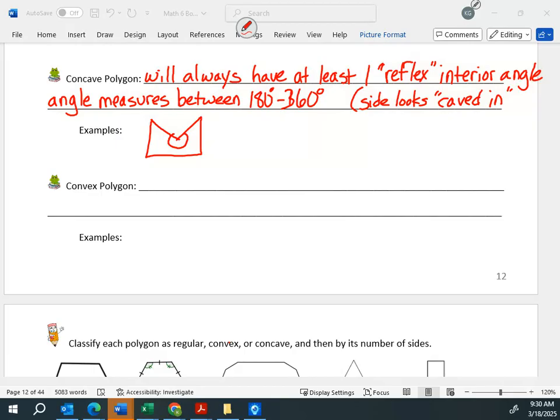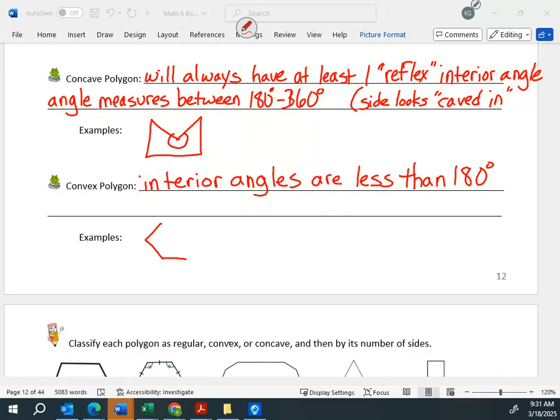Convex, interior angles are less than 180 degrees. No cave-ins. Those interior angles are less than 180 degrees.